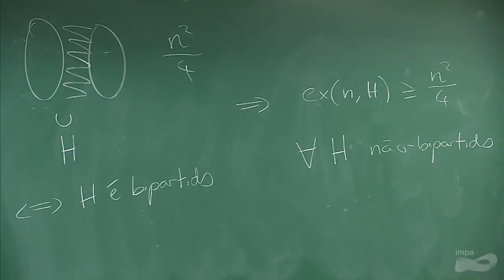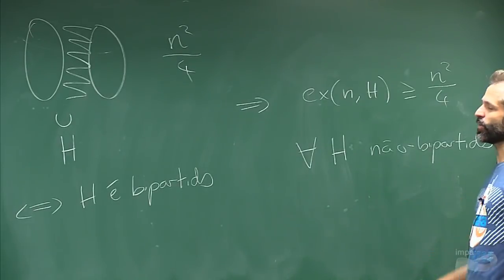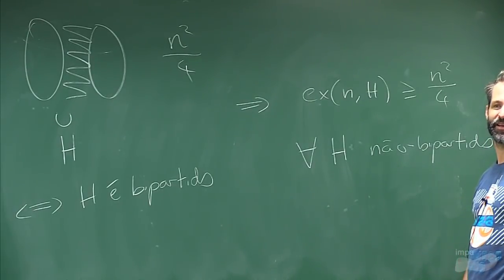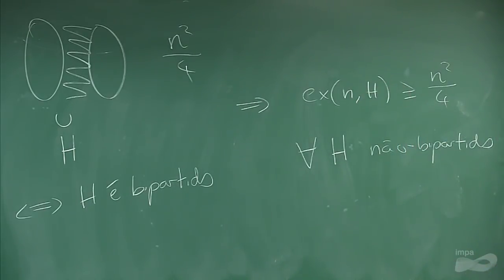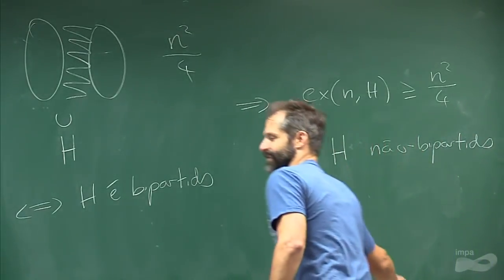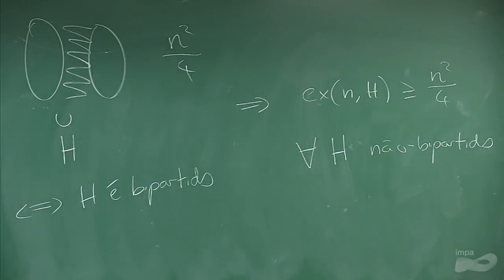So can we show that this is if and only if? Can we show that the extremal number is little o of n squared for every bipartite graph? So, theorem.